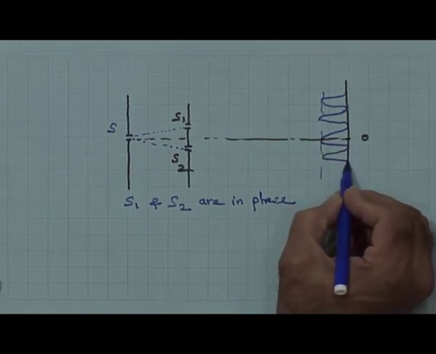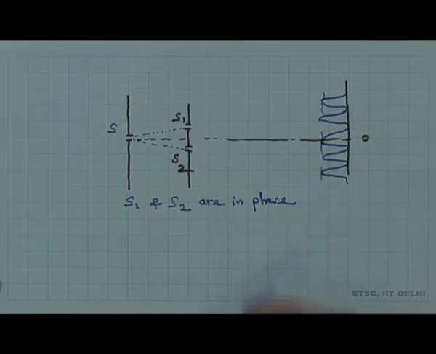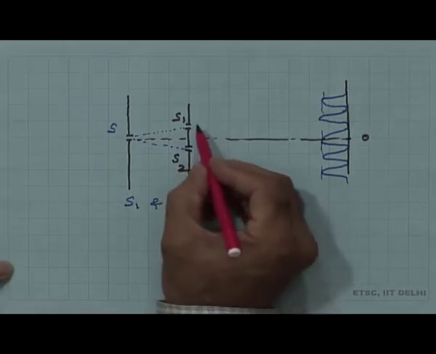Now, suppose we introduce a thin sheet on the path.